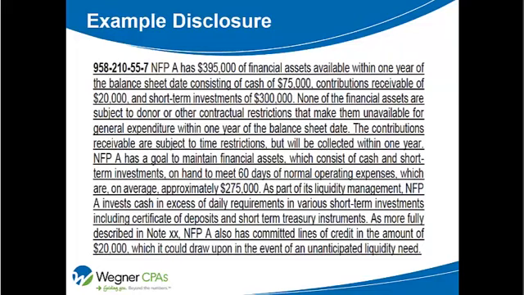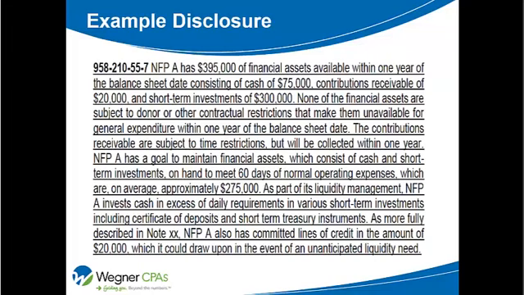Those would also be excluded. So there's nothing saying for sure that the numbers you're seeing in this footnote on page 10 would exactly tie to the statement of financial position. These numbers could be adjusted to show the reader which amounts are not available for general expenditure. Okay, so that one is page 10.